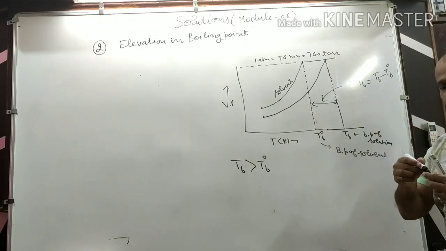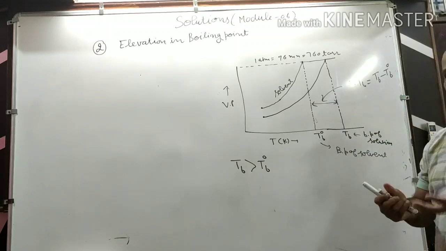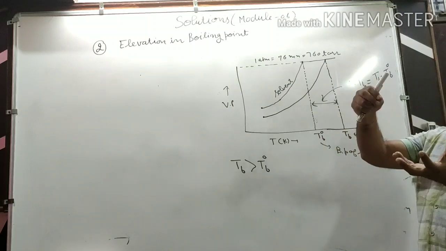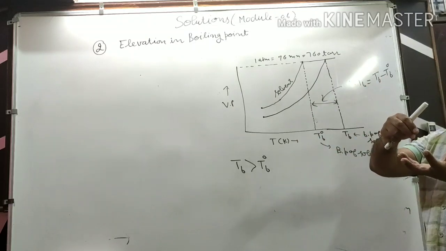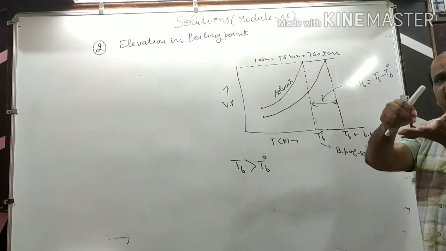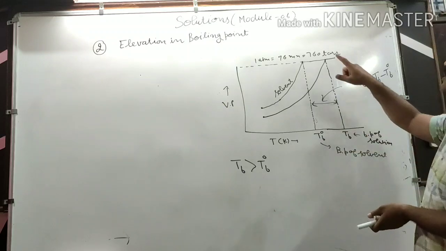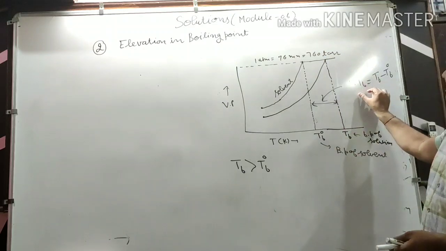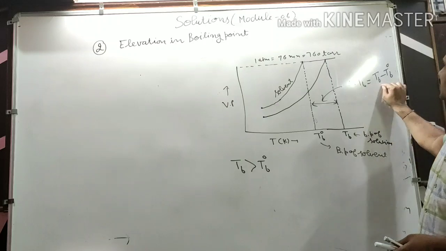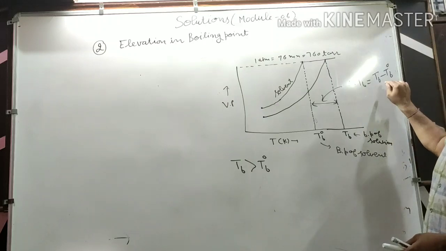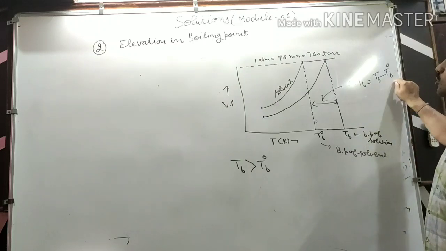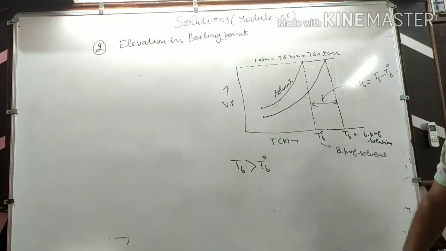Now if you understand like this, if you take water and you add sugar, by addition of sugar, what happens? Boiling point goes on increase, raise means elevate, and this is delta TB. How you can calculate TB minus T naught B. TB is the boiling point of solution and T naught B boiling point of solvent.